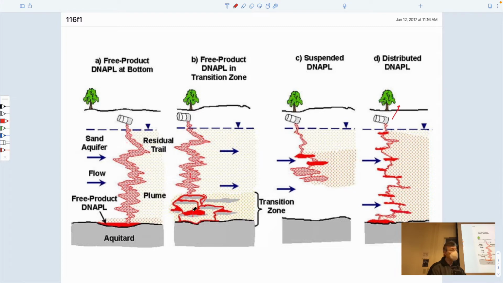They might have some interesting architecture that develops, and we suggested that this interesting architecture was because these are low permeability layers, but it's actually not permeability that makes them special. They're special because low permeability materials have very small pore spaces, and those small pore spaces can't be penetrated by the non-aqueous, the separate fluid, the immiscible fluid, which is trying to break a bubble into that very small capillary.